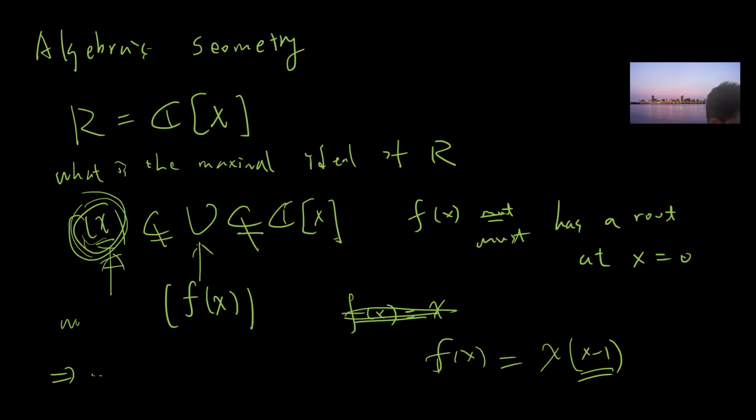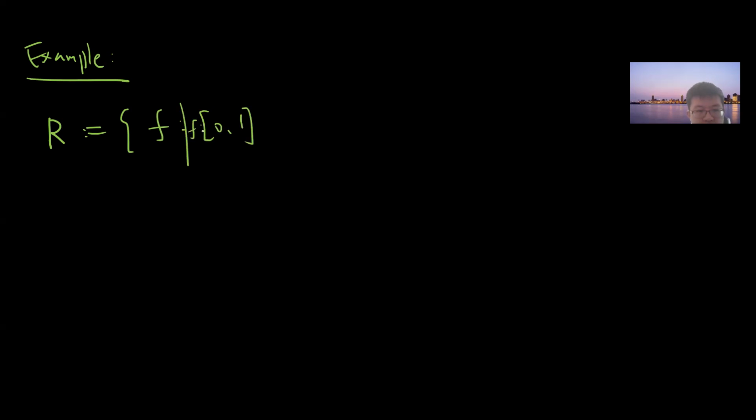Yeah, there's an interesting example. Okay, so let's talk about this example. This example says that if you take the ring to be all the real-valued continuous functions on the closed unit interval, so the ring is functions defined on the interval [0, 1] to the real numbers which are continuous.